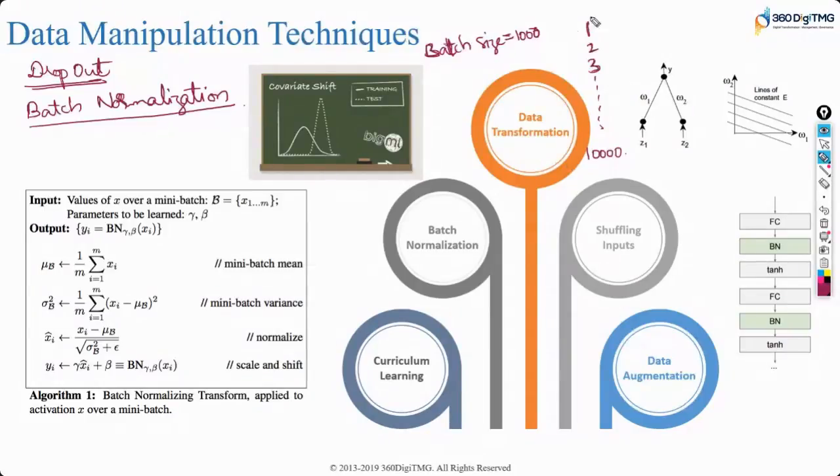And here you create different batches, right? Say in that case, how many batches would you have? 10 batches. 1 to 1,000 will be one batch. 1,001 until 2,000 will be the second batch. 2,001 until 3,000 will be the third batch. And then 3,001 until 4,000 will be another batch, so on and so forth. You'll have all these batches.